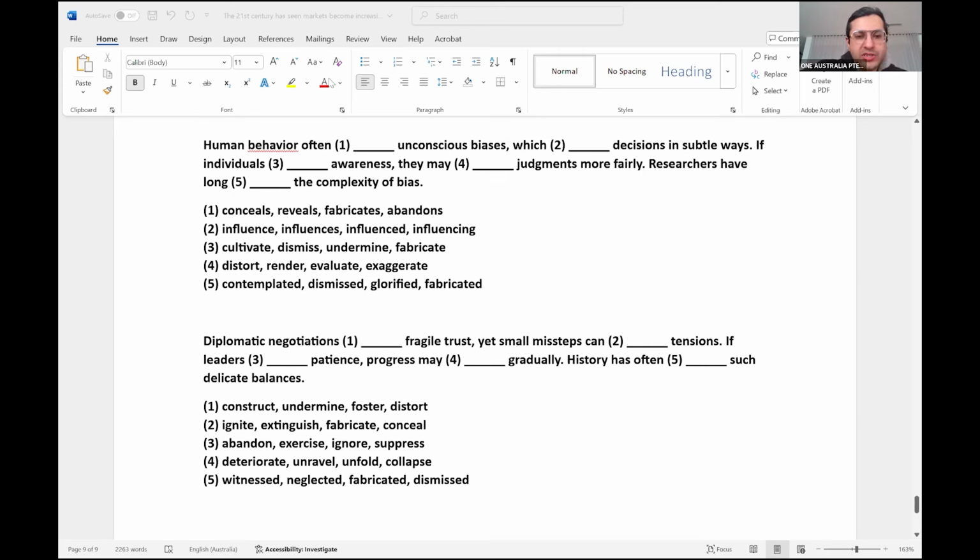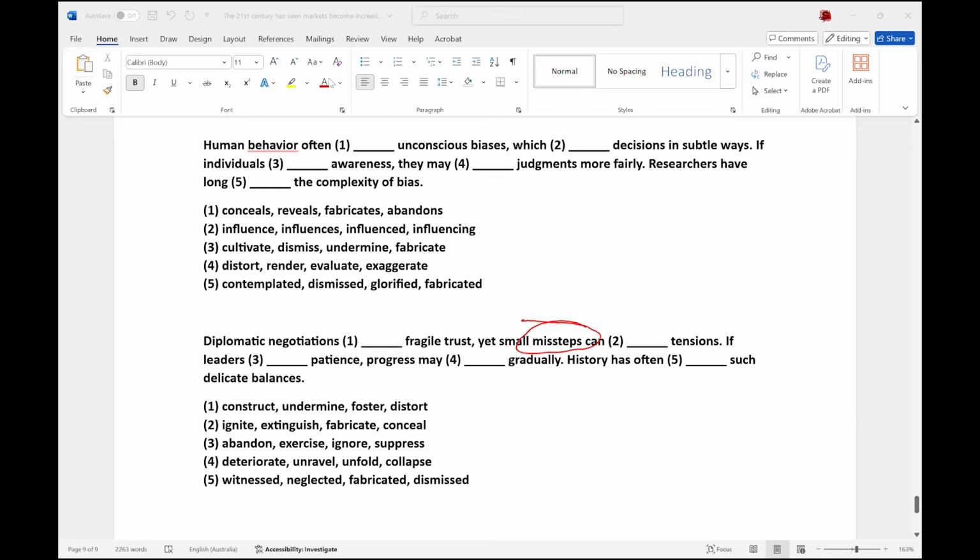Diplomatic negotiations dash fragile trust. Construct, foster, undermine. Firstly, you see after the comma, what is the word?